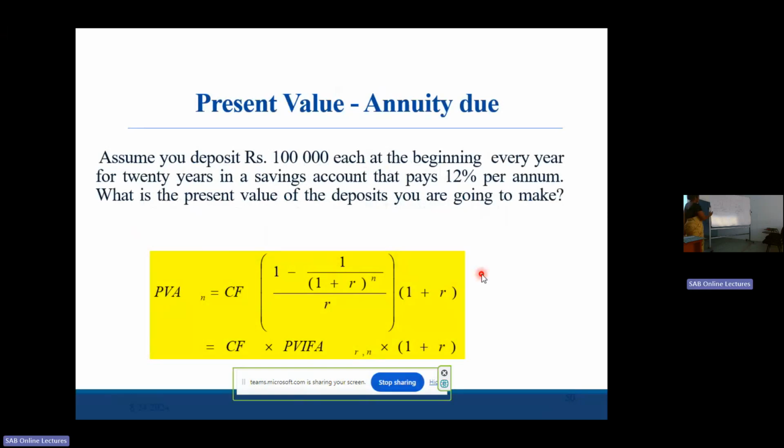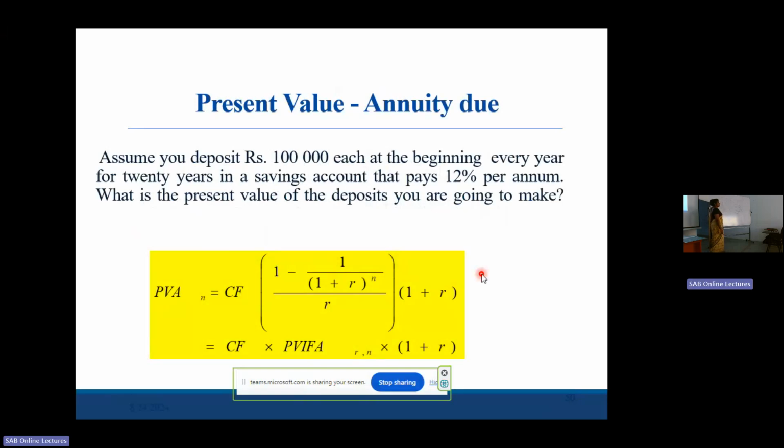So if you compare these two, what you can see here, this is ordinary. I think these values are correct, no? Okay, right. If you take this one, this is an ordinary annuity. The first 1000 occurred at the end of year 1.